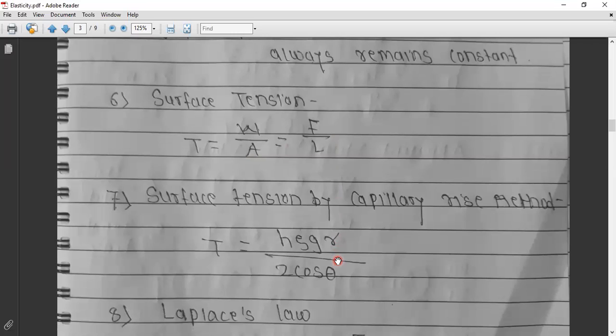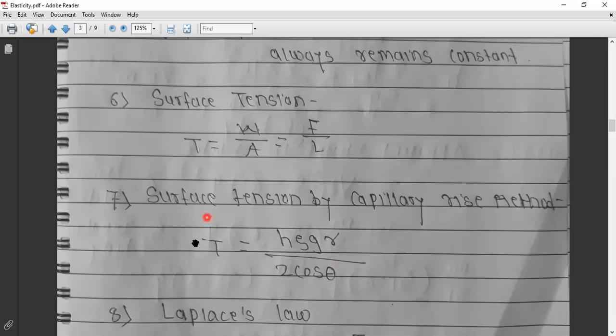Angle of contact means when solid and liquid are in contact with each other, then the angle between the surface of the solid and the tangent drawn to the surface of the liquid towards the liquid side is called the angle of contact, and this theta is known as angle of contact.